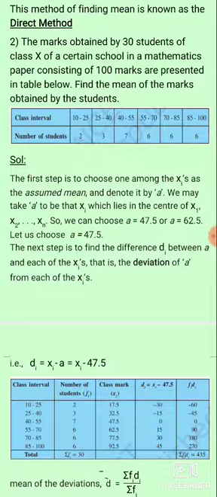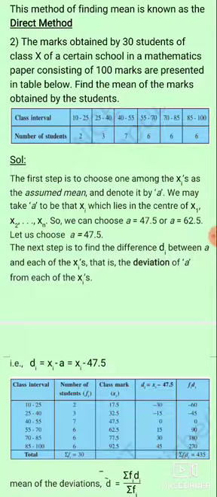After that we need to find the deviation di. So di is equal to xi minus A. All these xi, which are 17.5, 32.5, etc., 92.5, minus A, where we selected the assumed mean as 47.5. So 17.5 minus 47.5 is minus 30, 32.5 minus 47.5 is minus 15, 47.5 minus 47.5 is 0, 62.5 minus 47.5 is 15, etc., up to 92.5 minus 47.5, which is 45.